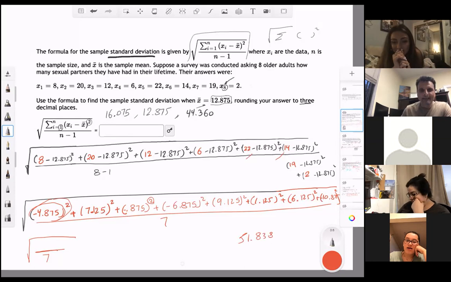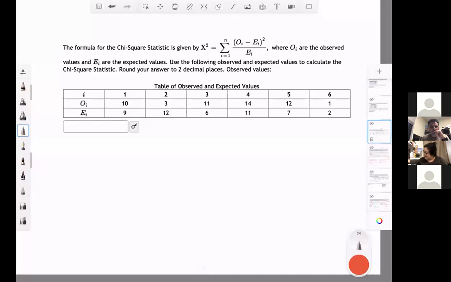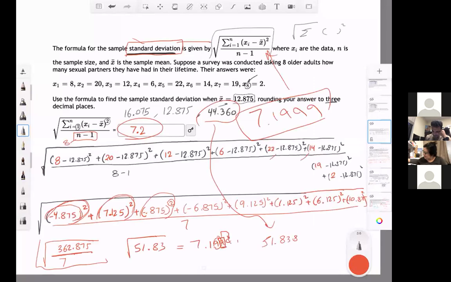Can you add what I have here, the number here? Can you square them again? We got 7.2. So this one worked.